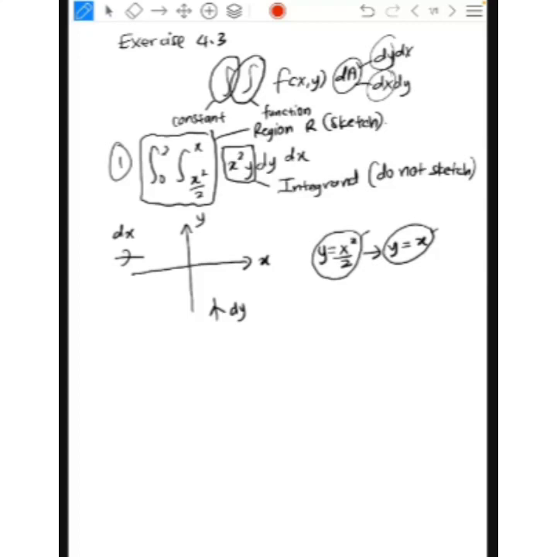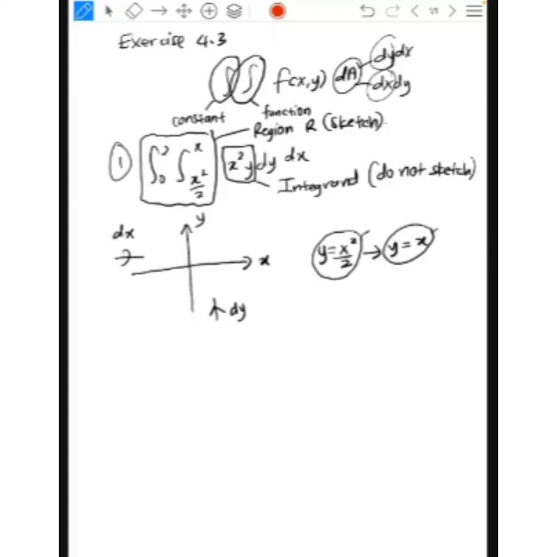Okay, how do you draw y equals x squared over 2? y equals x squared is a parabola, the curve that you usually call the smile.